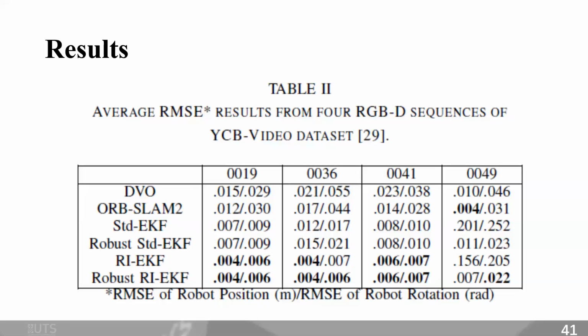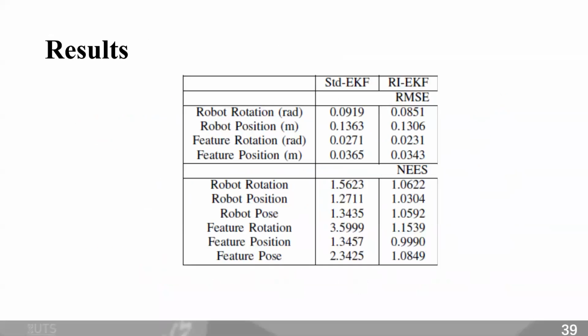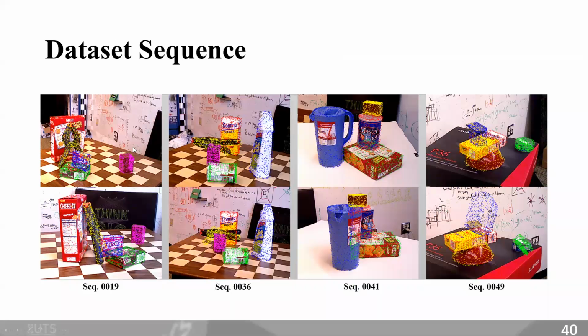But why is using objects better than using points? I think because the object feature contains all the information of this point cloud, and it can have a lower noise level for the object observation.